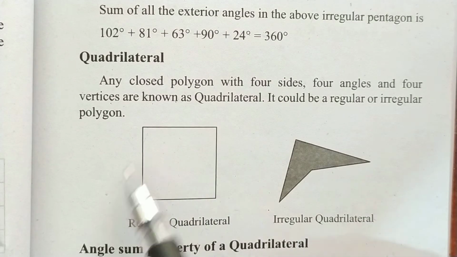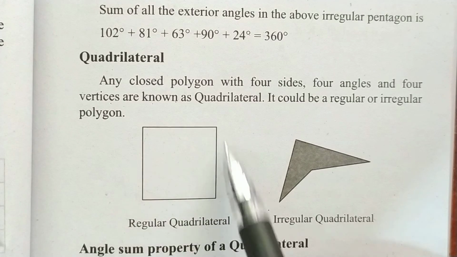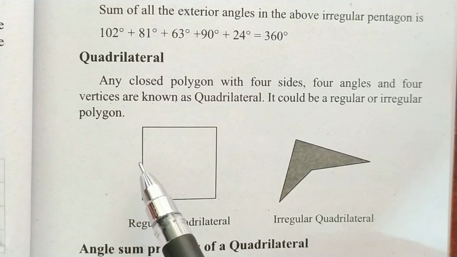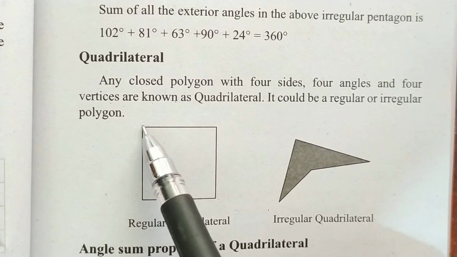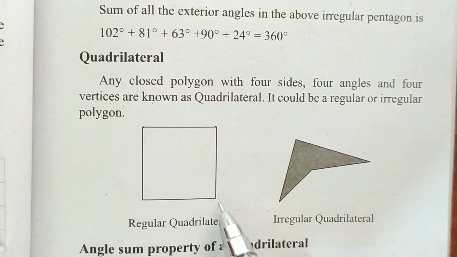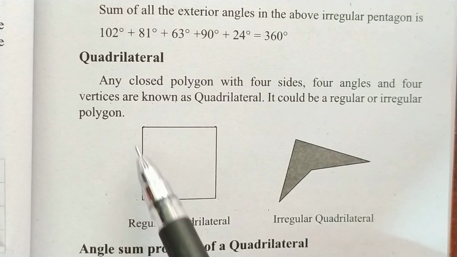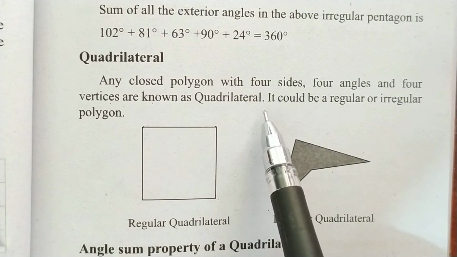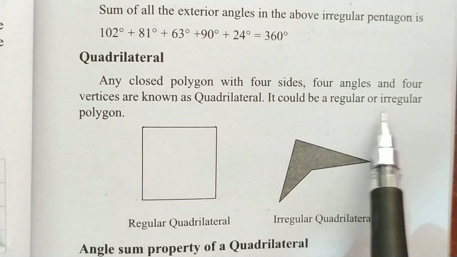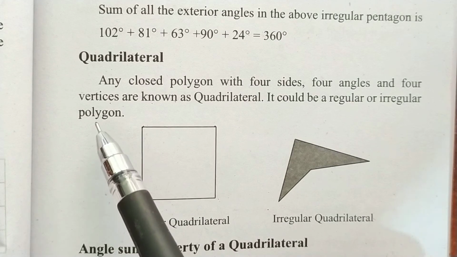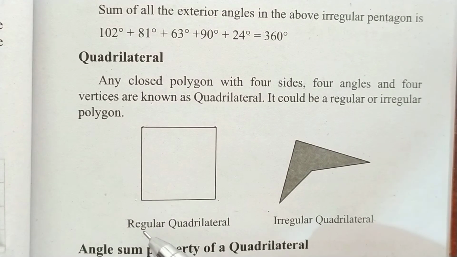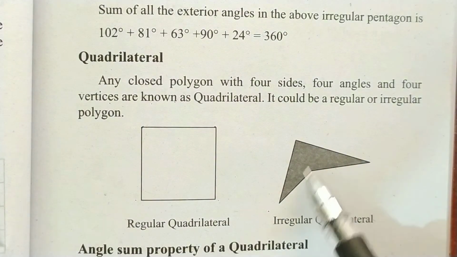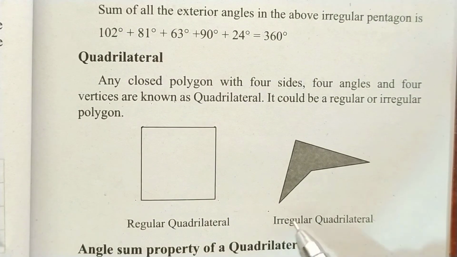Here, 4 sides, 4 angles and 4 vertices. Where 2 lines intersect, that point is said to be a vertex. 1, 2, 3, 4 vertices. It could be a regular or irregular polygon. Now here is a regular quadrilateral, and this one is an irregular quadrilateral.